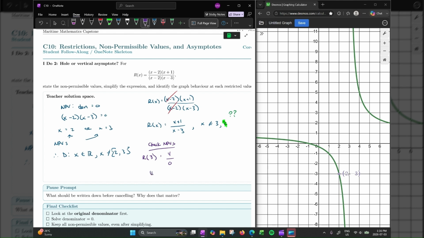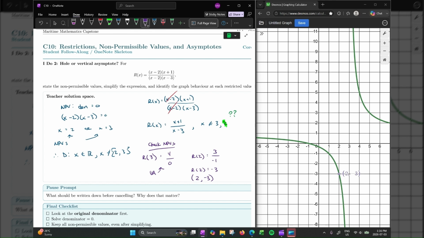That's the vertical asymptote: we get some number that's not 0 over 0. But what about if I plugged in the 2? Well, I get 2 plus 1 is 3 over 2 minus 3 is negative 1. So r of 2 is negative 3. That looks like the point (2, negative 3). But as you can see on the graph, that's an empty point.